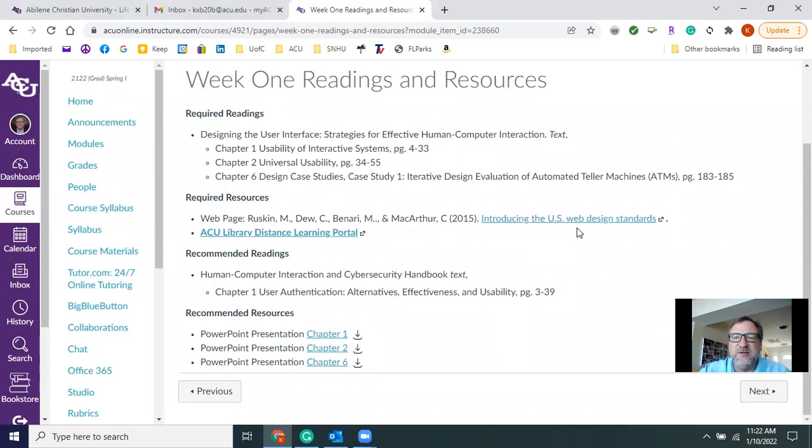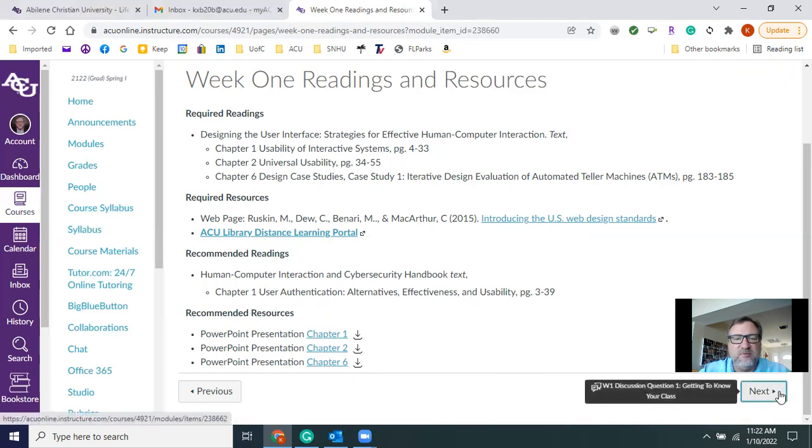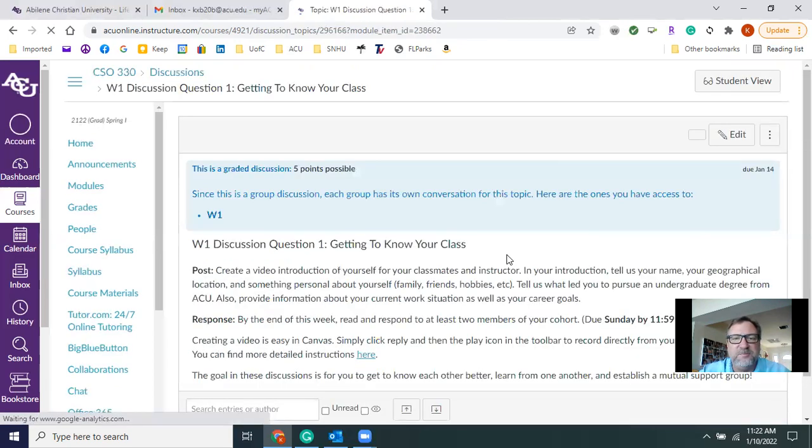There are different design standards for web browsers and laptops, and they're a good place to start as designers and developers. There's also recommended reading, user authentication alternatives, effectiveness, and usability. And you have the PowerPoint presentations that you can go over for each chapter.